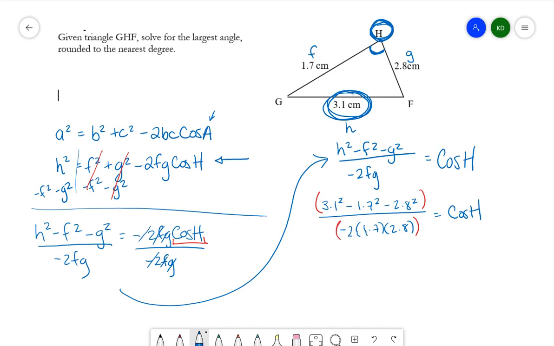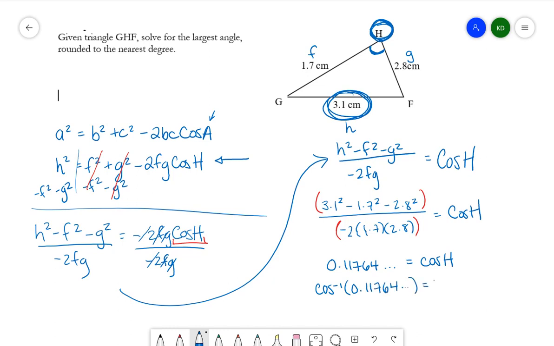What I get here for an answer is 0.11764, and this is equal to cosine of h. To get just angle h, I need to take the inverse cosine of both sides. So I'll have cosine of negative 1, or arc cos, of 0.11764.